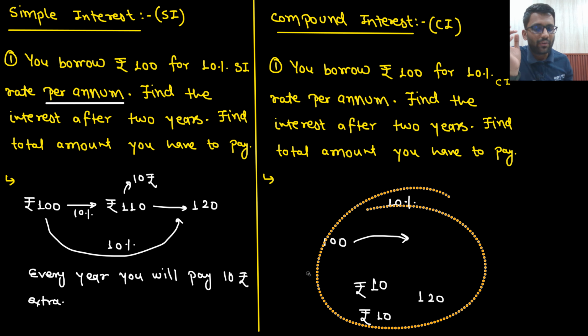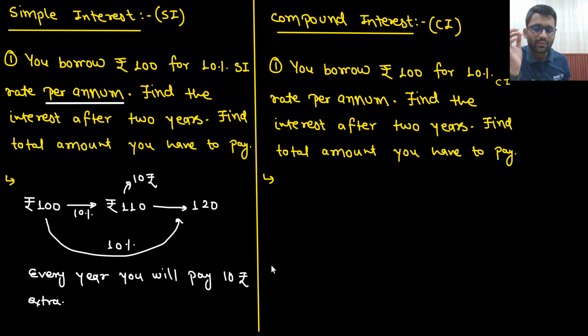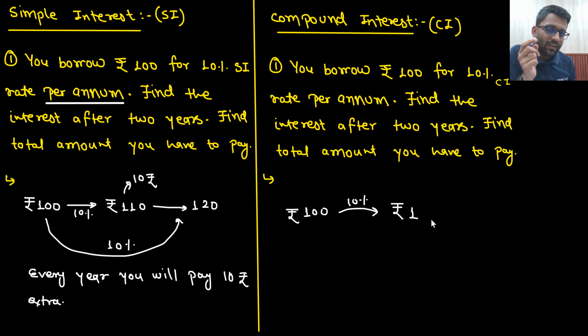And what do you mean by compound interest? In compound interest, the same question is there, just the interest is compound. Initially it was 100 rupees at 10% per annum. That means it increases by 10% in 1 year, so in the next year you pay me 10% of 100, which is 10, so 110.